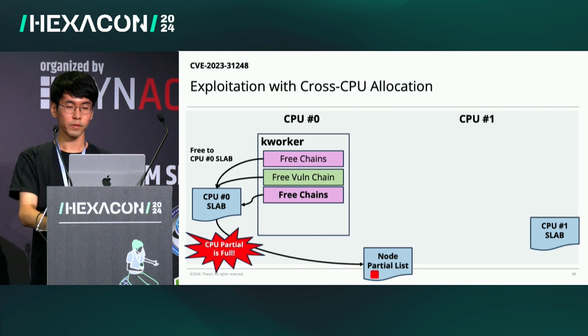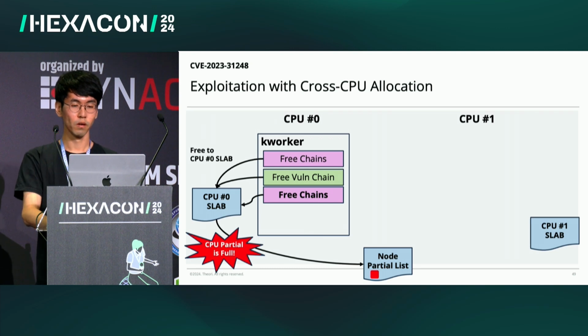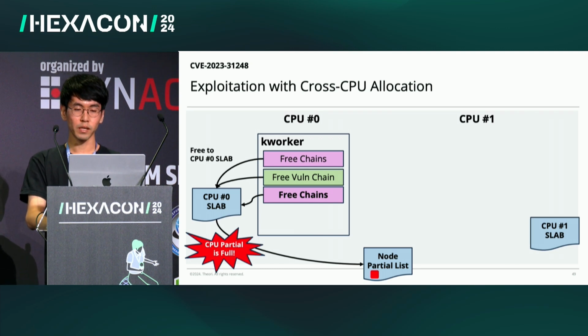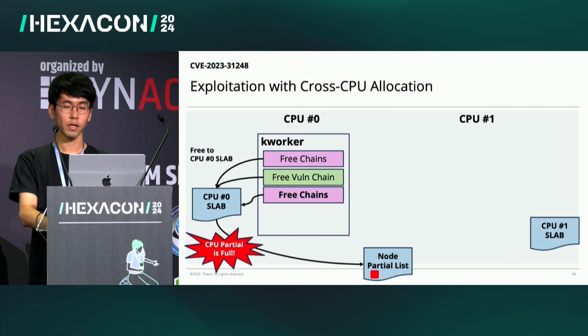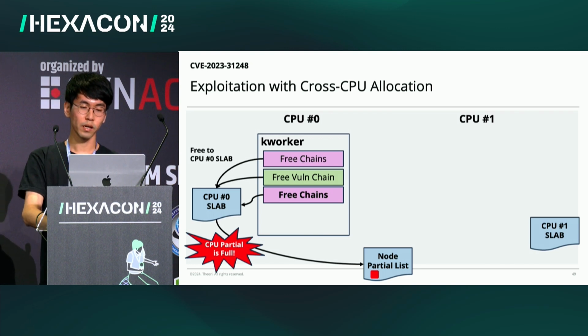Further freeing of chains causes the per-CPU partial list of CPU 0 to become full. When the per-CPU partial list is full, the target object is moved to the node partial list. Because the object is moved to the node partial list, now we can allocate the target object from CPU 1.